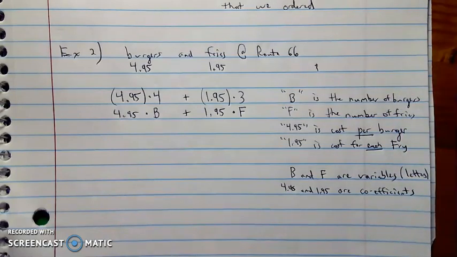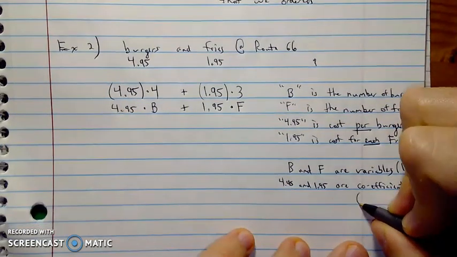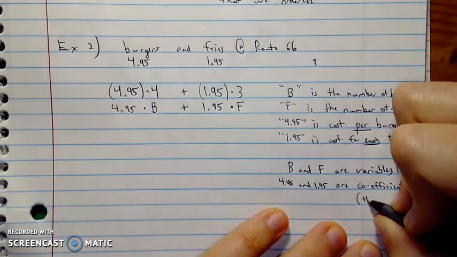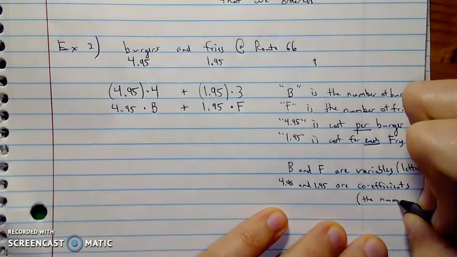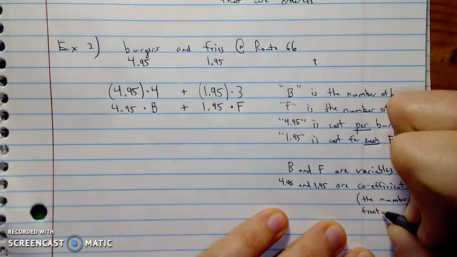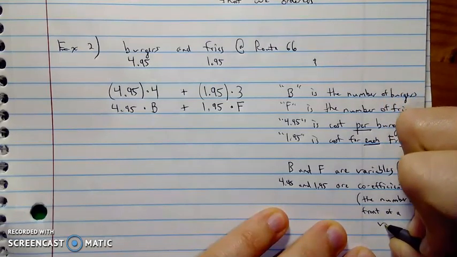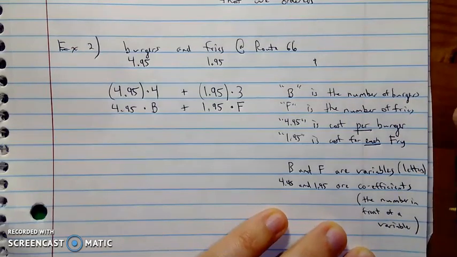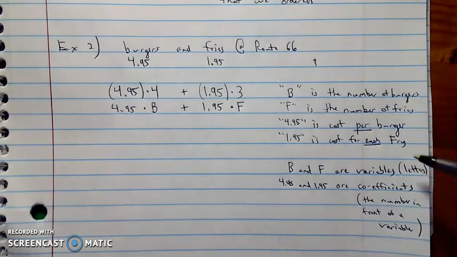And all a coefficient is, is the number in front of a variable. So variables are the letters, coefficients are the numbers in front of the variables. So we want you to know that language.